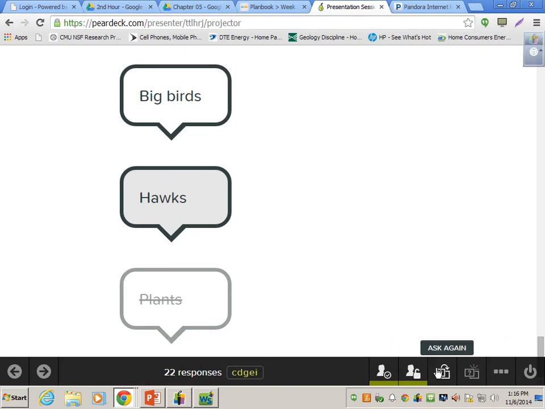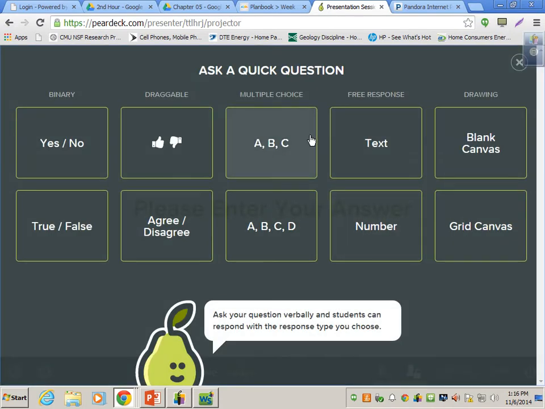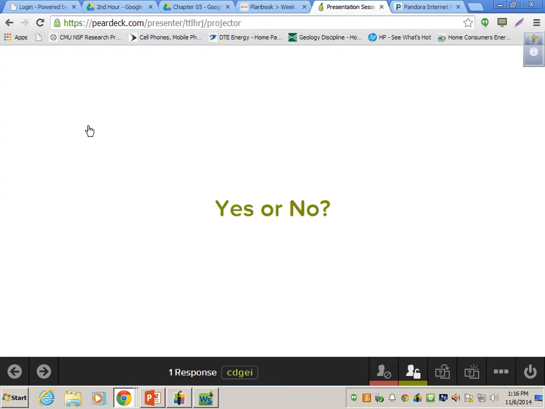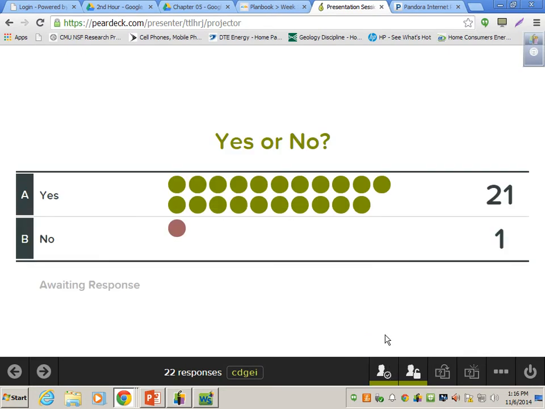Are rabbits a keystone species? Come on, it's quick yes or no. Gut instinct. So there is one no, but it is yes.